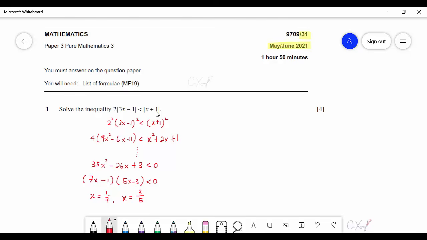To solve a quadratic inequality, there are a few methods you can use. For me, I'm going to draw the number line, with 1 over 7 and 3 over 5. To draw the arrows, I consider which part gives a positive value.